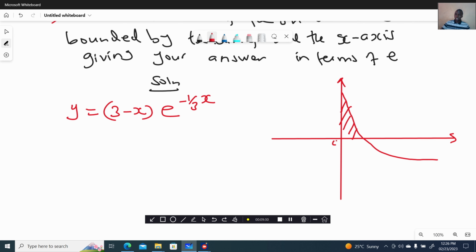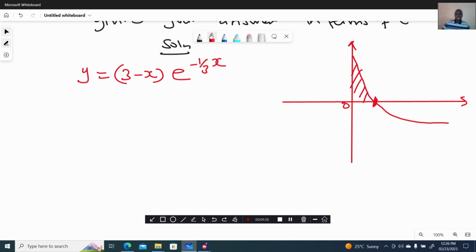We have to get the coordinate of this point here. And how do you get the coordinates of that point? Okay, we are going to substitute 0 for y because we are looking for the x-intercept. So it says 0 equal to 3 minus x, e to the power of negative 1 over 3x.